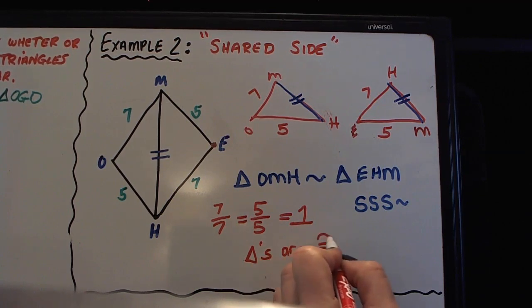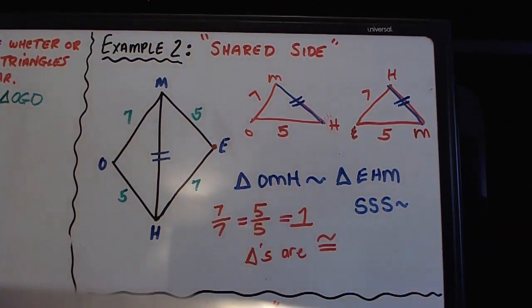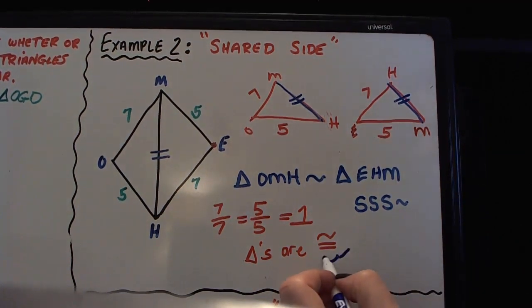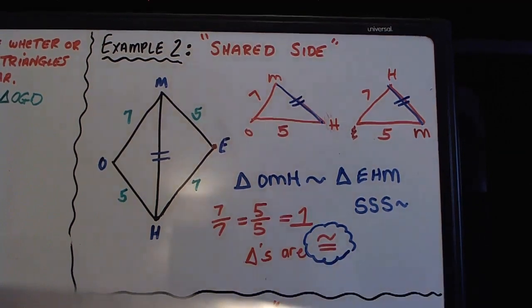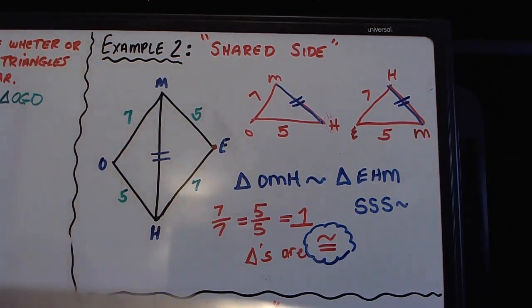There's our symbol for congruence. If you notice that congruent symbol, it has an equal sign and it has a similar symbol as well, because when the triangles are congruent, they are also similar. So, example 2.